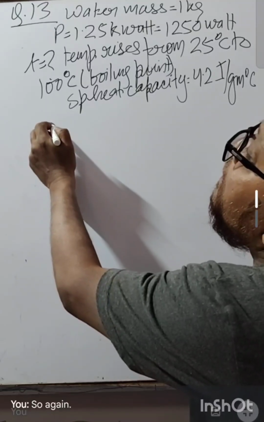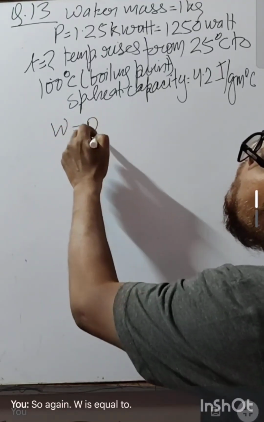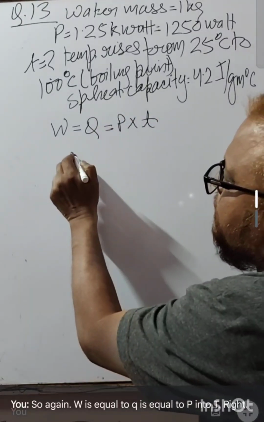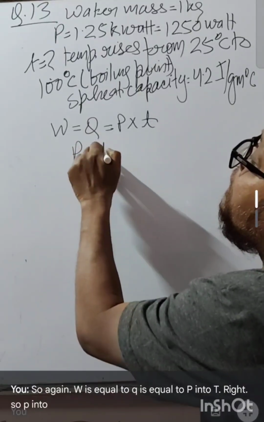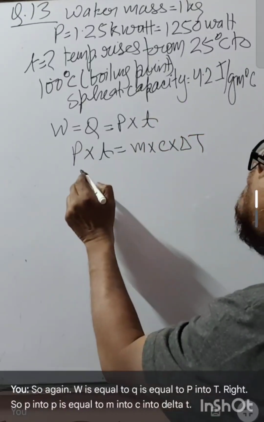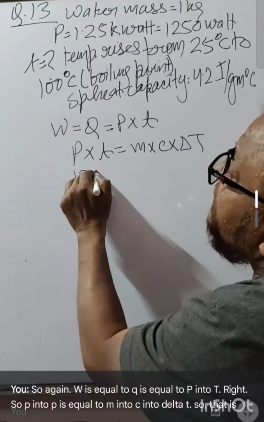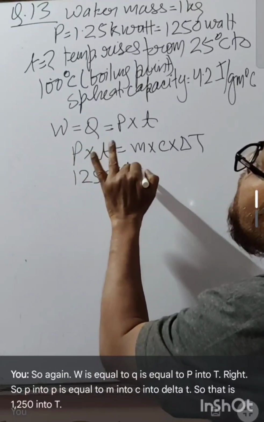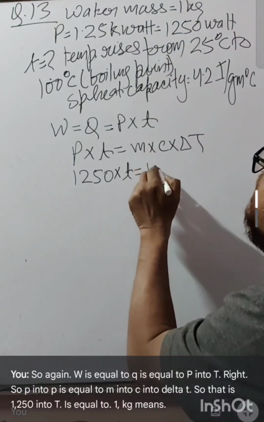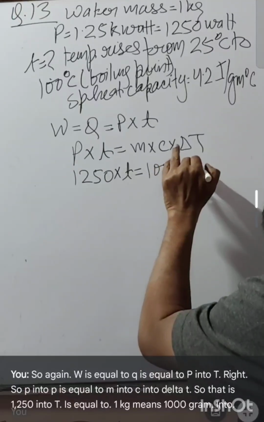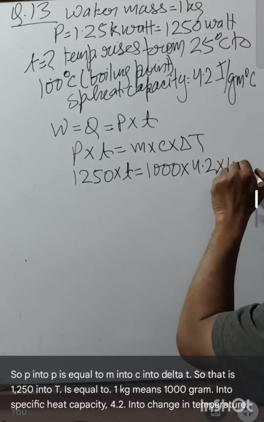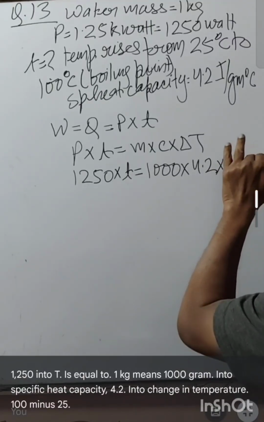So again, W is equal to Q is equal to P into T. So P into T is equal to M into C into delta T. So that is 1250 into T is equal to 1 kg, meaning 1000 gram, into specific heat capacity 4.2 into change in temperature 100 minus 25.